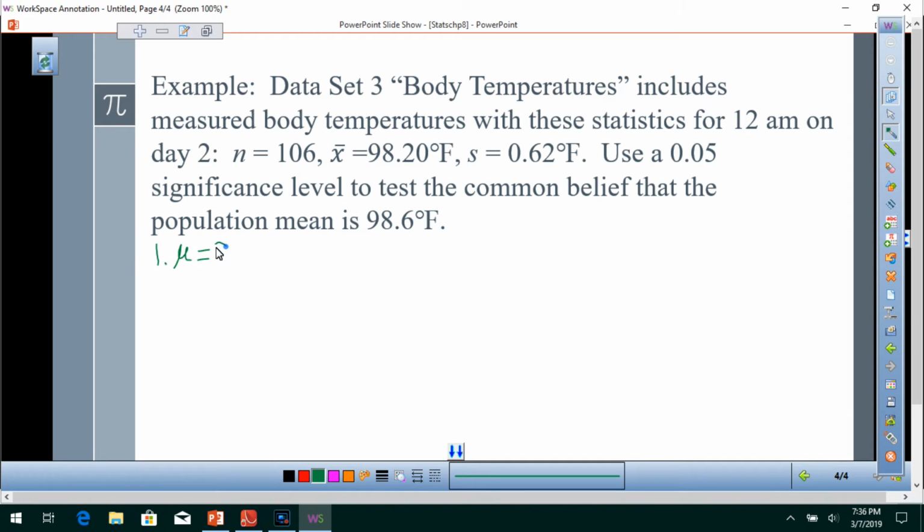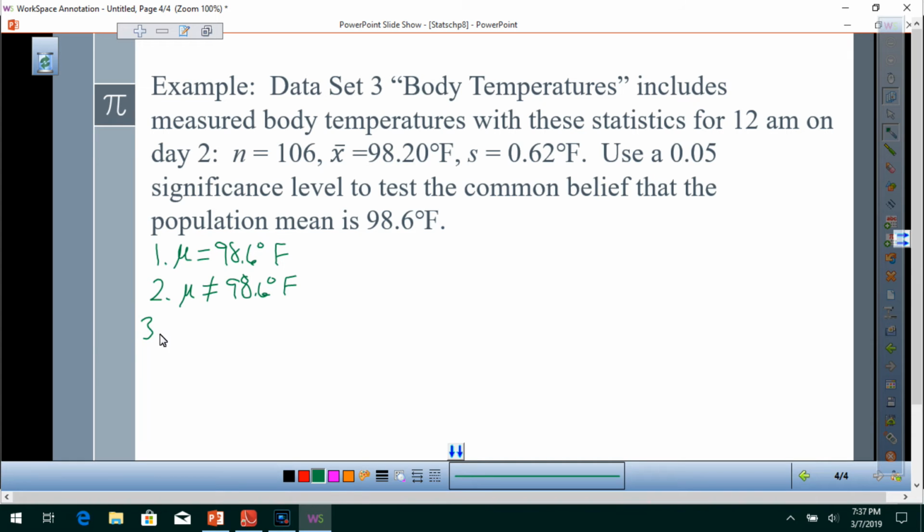Mu equals 98.6 degrees Fahrenheit. Okay. Step 2, mu is not equal to 98.6 degrees Fahrenheit.